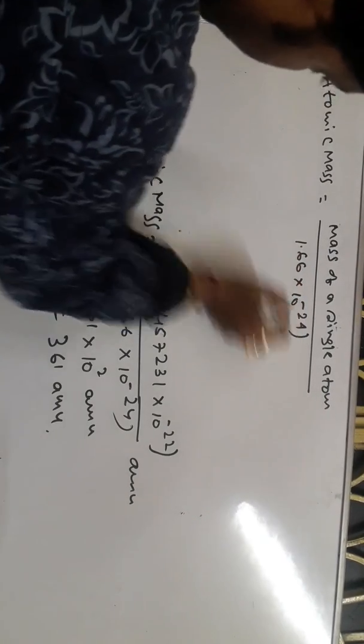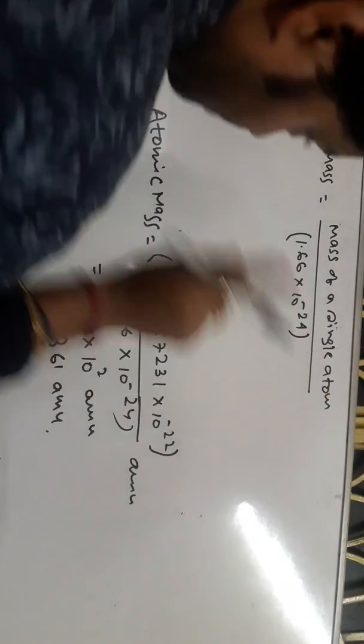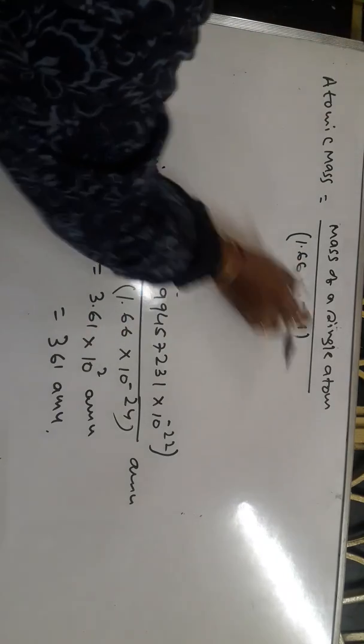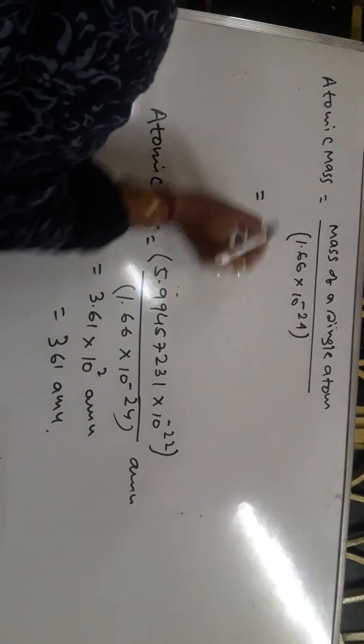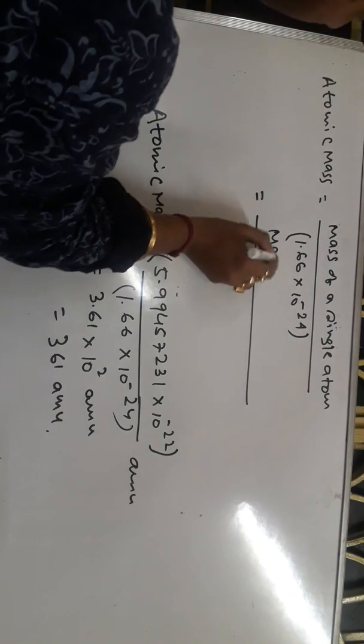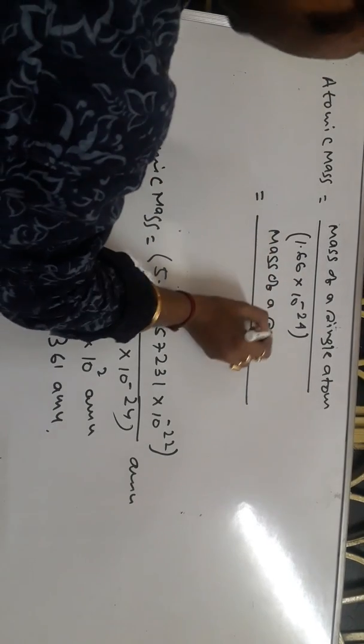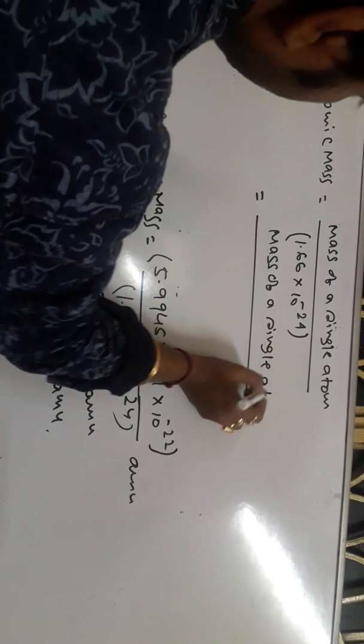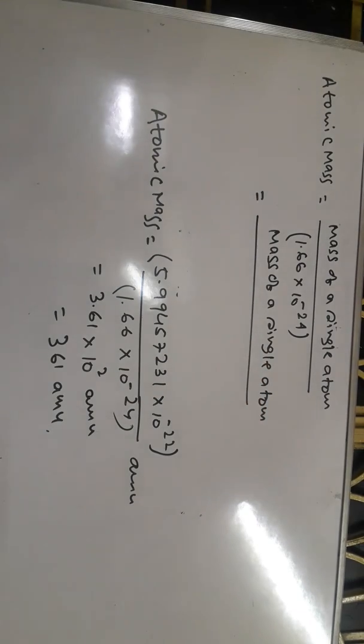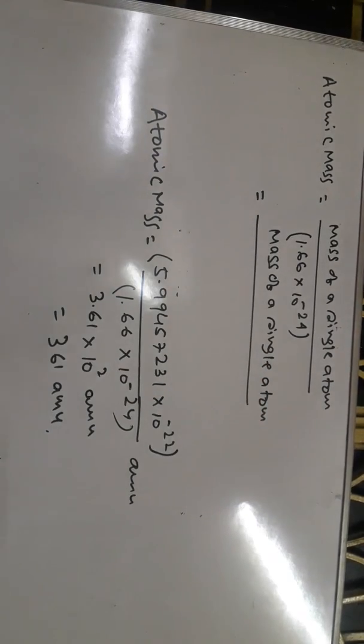Please note down, my dear students, that this corresponds to 1 AMU. So this value is equal to the mass of a single atom. Now you have to go back to my earlier videos. I must say, it is the first video.